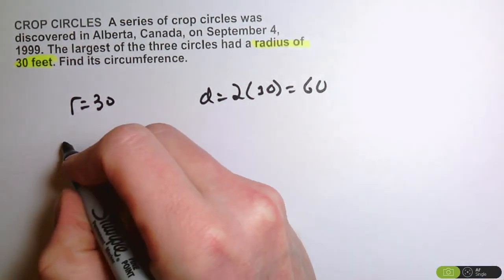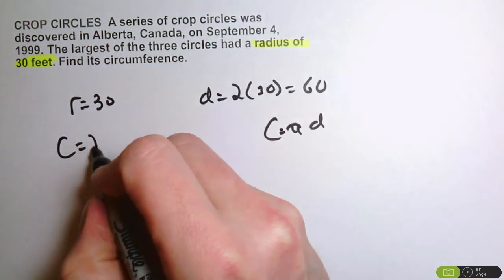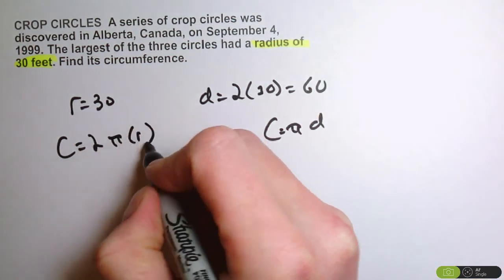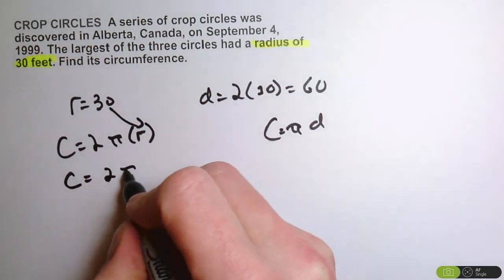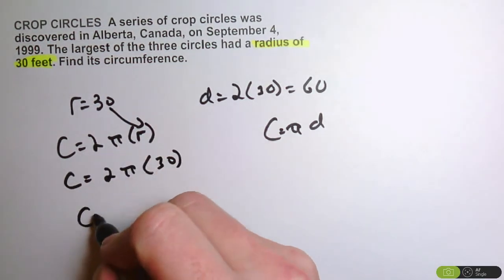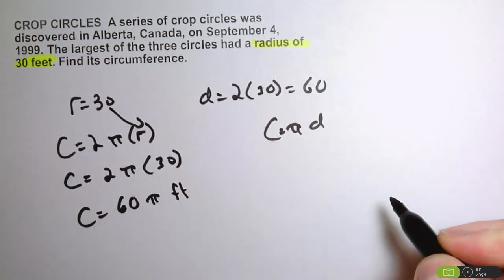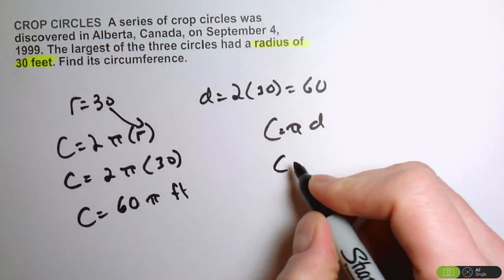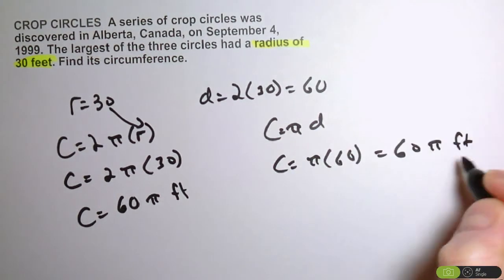Or I could just use circumference equals pi d. Or I could just do 2 pi r and plug 30 in for that. Either way, I'm going to get 60 pi feet, or pi times 60, which is still 60 pi feet.